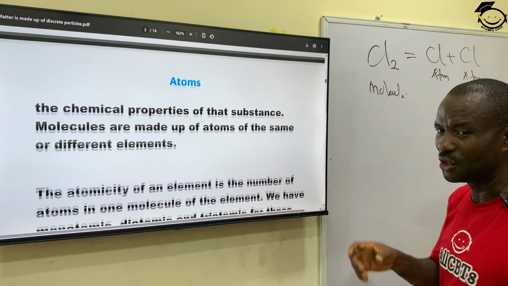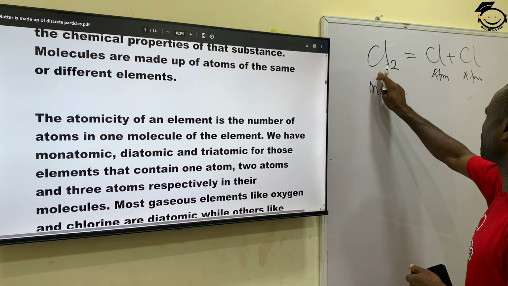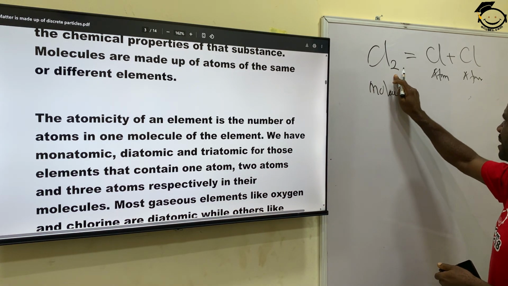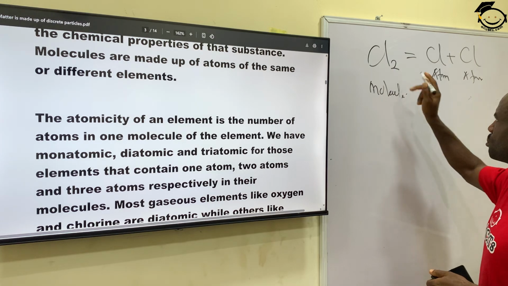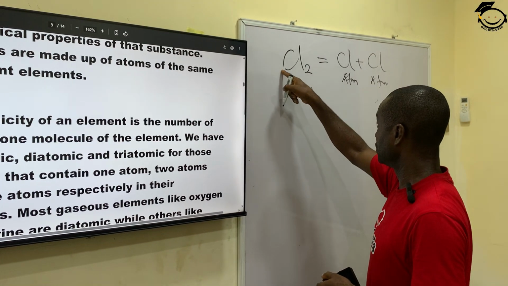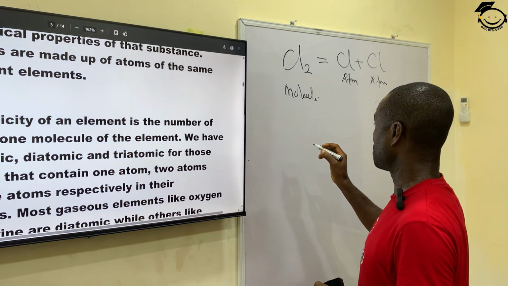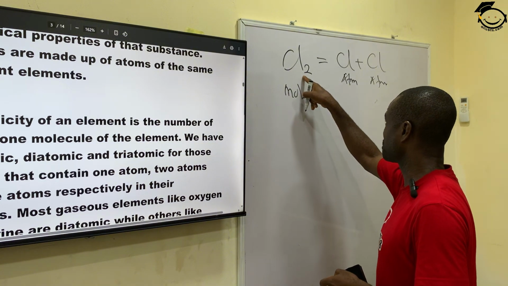Atomicity simply means the number of atoms present in a molecule. So in this case, we have chlorine. Two atoms of chlorine make this molecule, which gives it 2 as the atomicity, meaning we have 2 atoms of chlorine here.